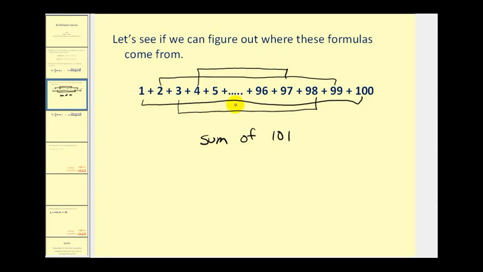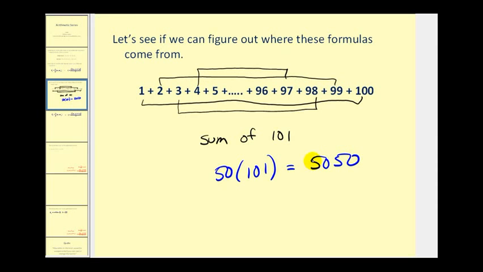And the question becomes, how many 101s would we have? Well, if there are 100 terms and we're making groups of 2, that will leave us with 50 groups of 101. So the sum of all of these terms would be 50 times 101, which is equal to 5050.